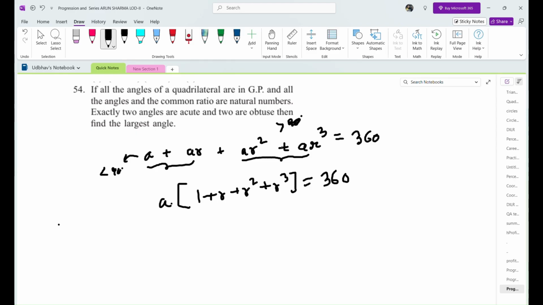These are more than 90 degrees. So we can guess a as something.